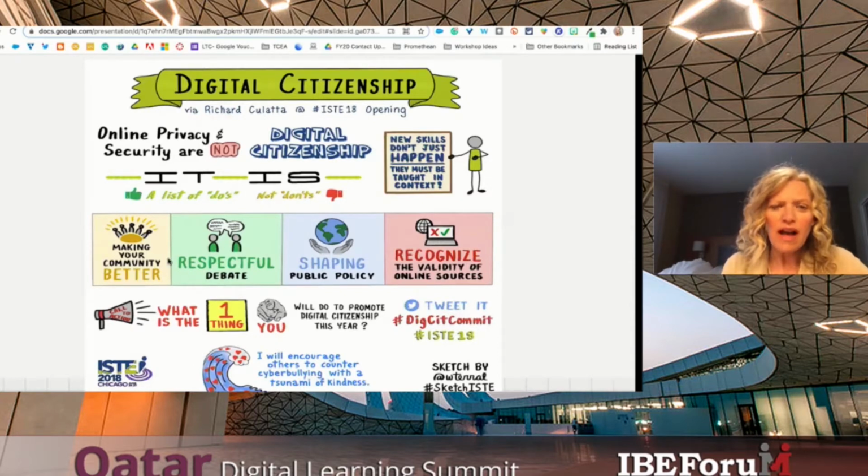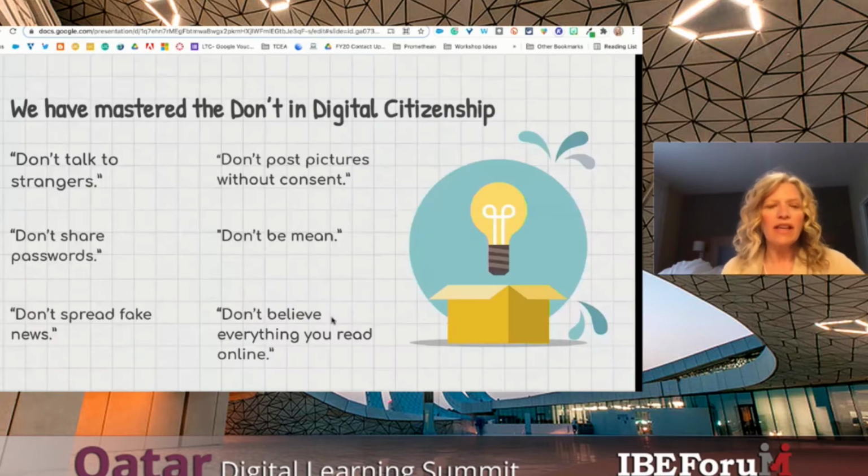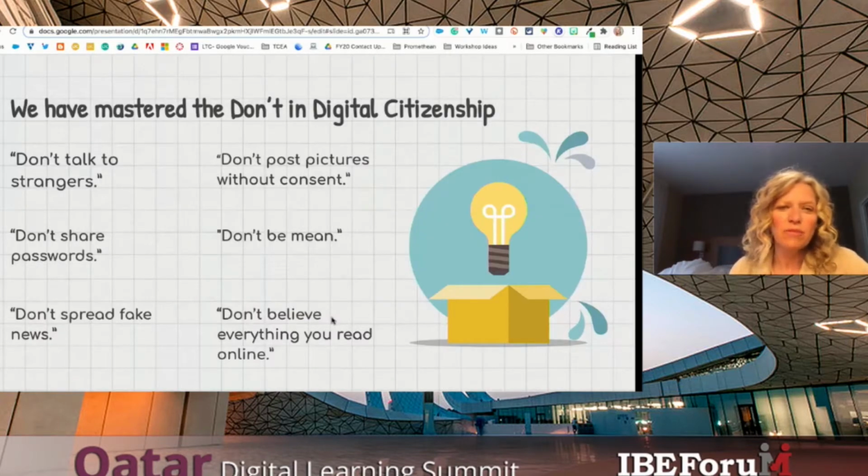So again, this was just a sketch that someone created during his speech. Like I said earlier, we've mastered the don't in digital citizenship. So many times we tell our students: don't talk to strangers, don't share passwords, don't be mean, don't believe everything you read online, don't spread fake news, don't post pictures without consent.